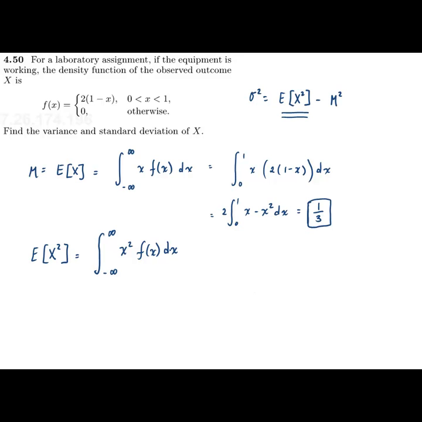Here is x squared. Your random variable is squared. So you multiply your probability density function by x squared. So if you solve this, you'll get the integral from 0 to 1 of x squared times 1 minus x dx.